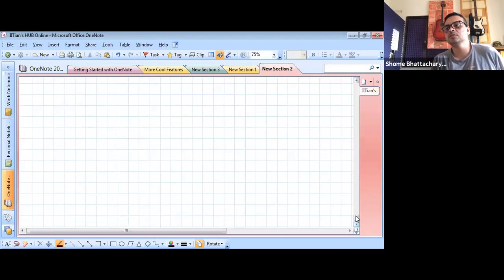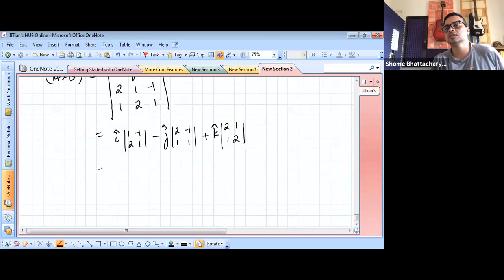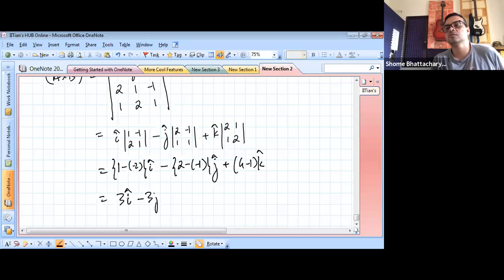Next step, you finally solve this. It is going to be 1 minus of -2, that's 3 i cap. Minus of 2 minus of -1, j cap. And finally plus of 4 minus 1, k cap. So this will become 3 i cap minus 3 j cap plus 3 k cap. So this is A cross B.